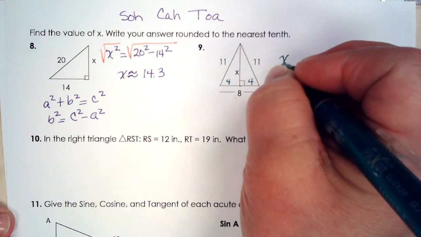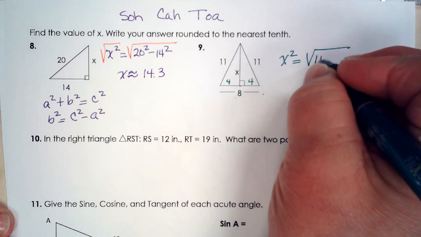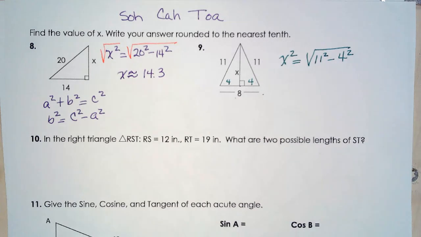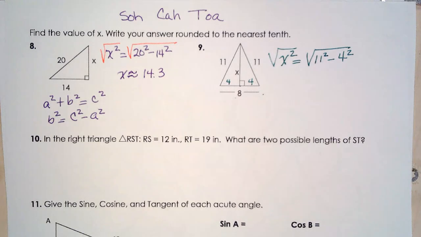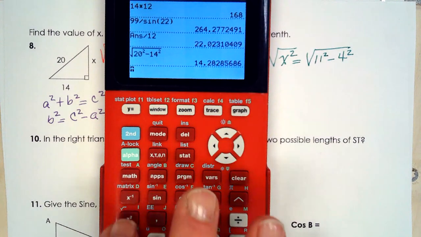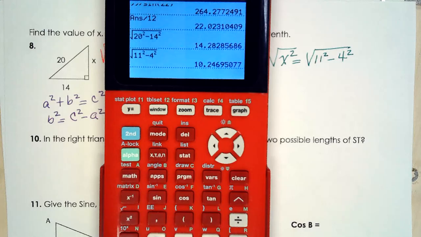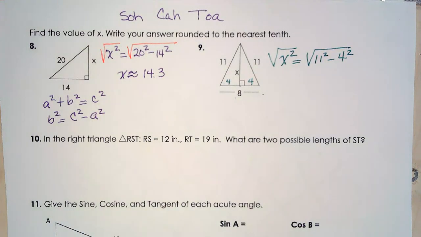So x squared is equal to 11 squared minus 4 squared. Square root both sides. You end up with 10.24, which is approximately 10.2.